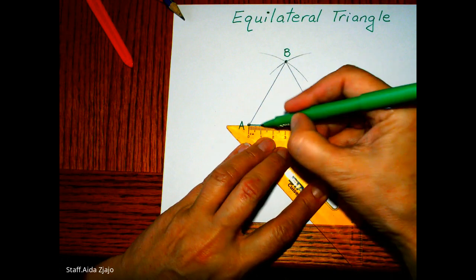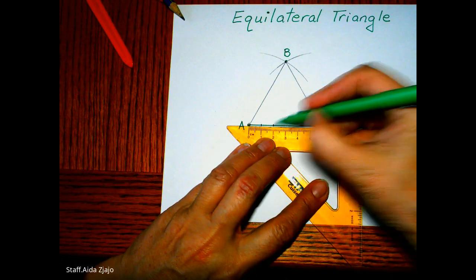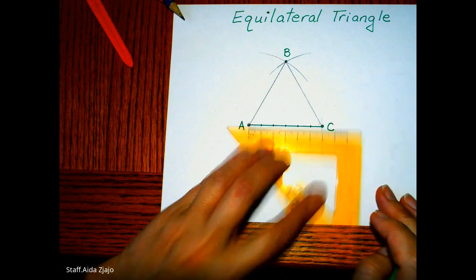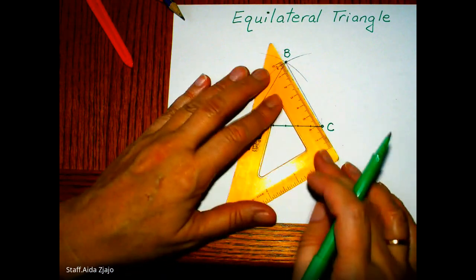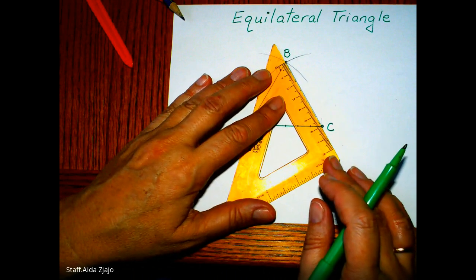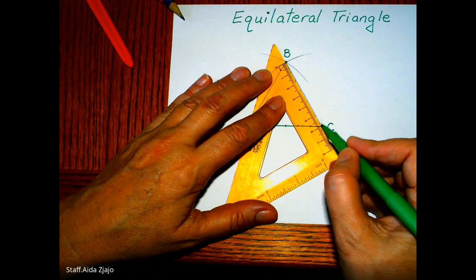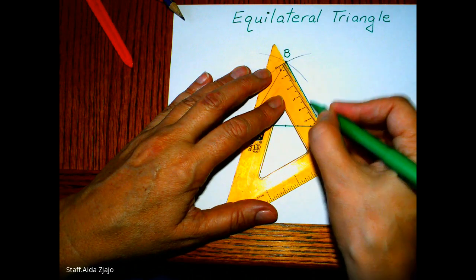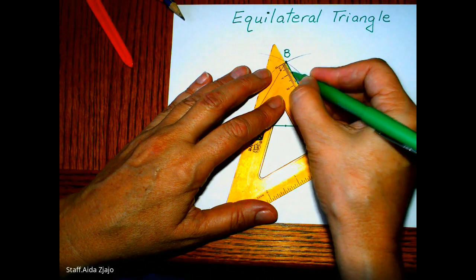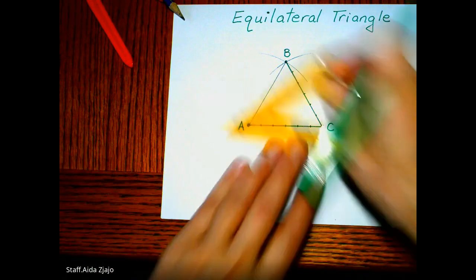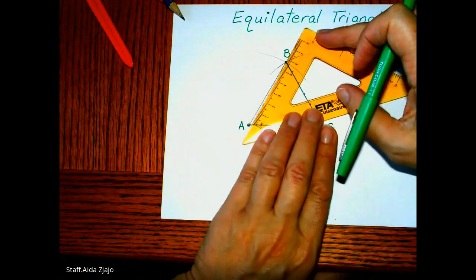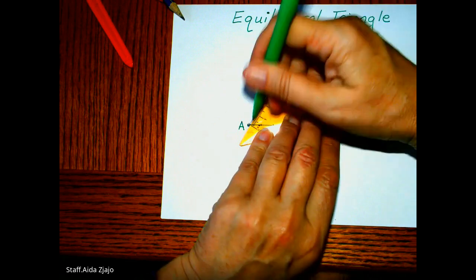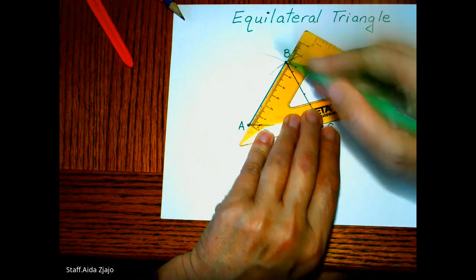If you don't believe me, I can label my centimeters so you really, kids, can see that. Okay, then I'm going to check the other side, and as you can see, it's exactly 6 centimeters. I also can make sure that those are also labeled. And my AB line segment is also 6 centimeters.